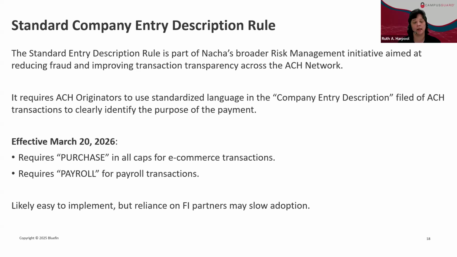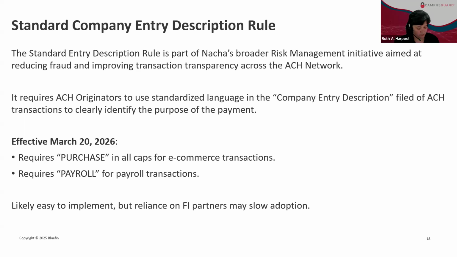Okay. You may need to work with your ACH file originators, and I'll go back to payroll for a minute. You may have a payroll system that generates an ACH file for you. You may have to update that process so that it includes that word payroll in the company entry description field.